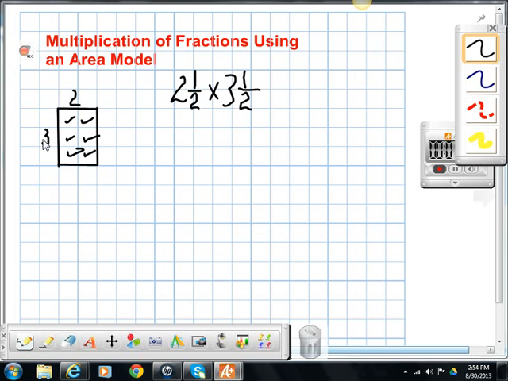Now, let's use an area model to model 2.5 times 3.5. One thing I do know is that the area is going to be greater than 6.